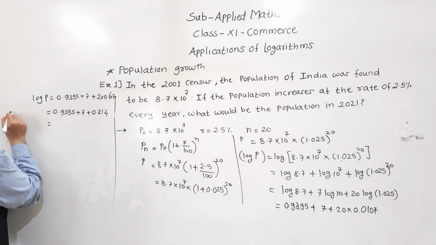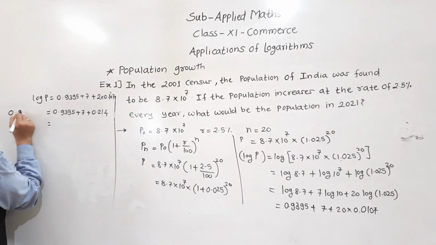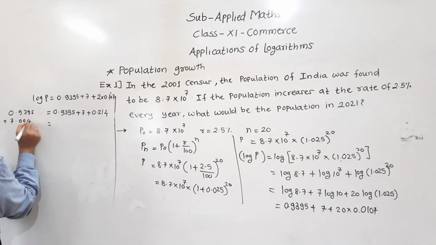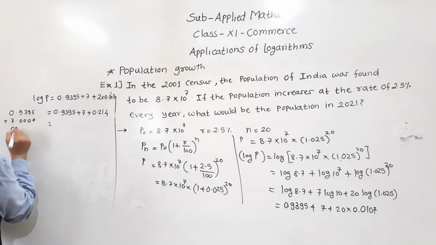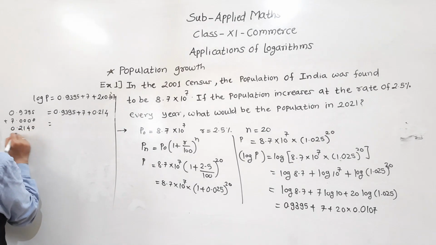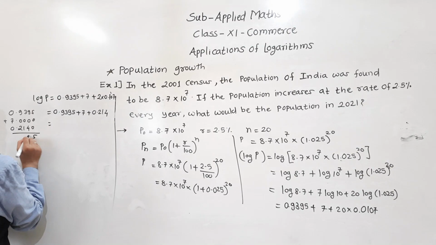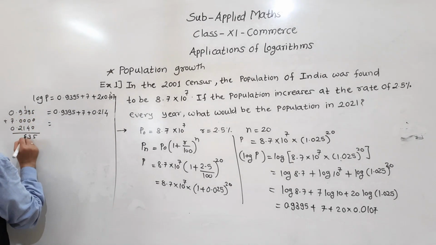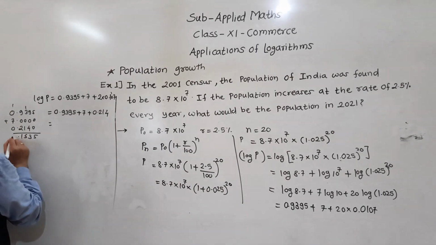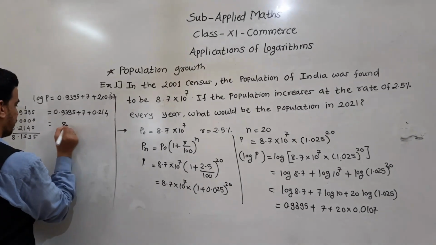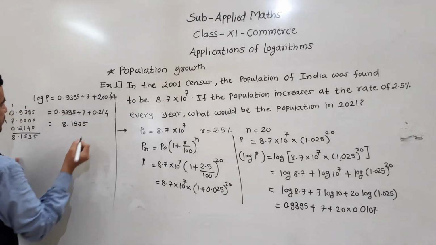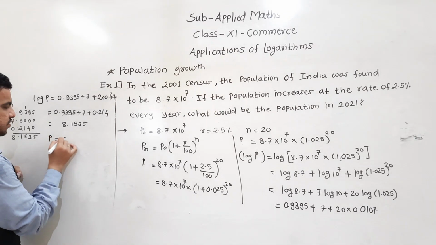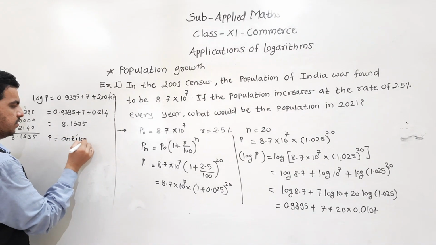Now add this: 0.9395 plus 7.000 plus 0.2140, so 5, 9 plus 4 is 13, 3 plus 1, 4 plus 1, 5, 9 plus 2 is 11, 7 plus 1, 8, so it is 8.1535.